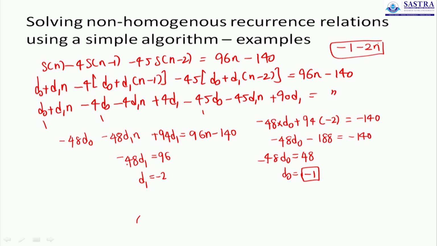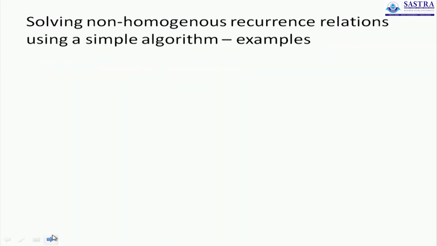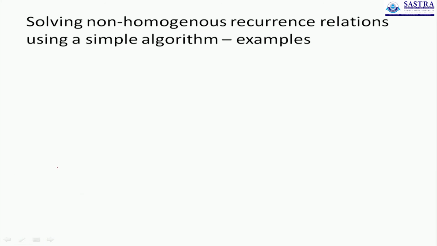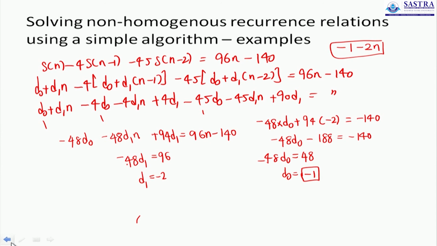So the complete solution of the recurrence relation is S of n is b1 times 9 power n plus b2 times minus 5 power n minus 1 minus 2n.